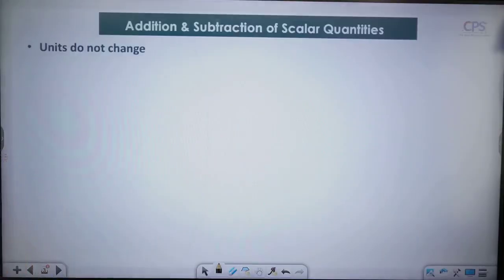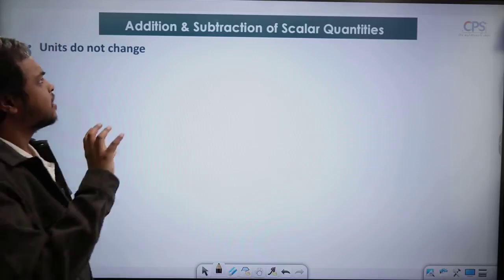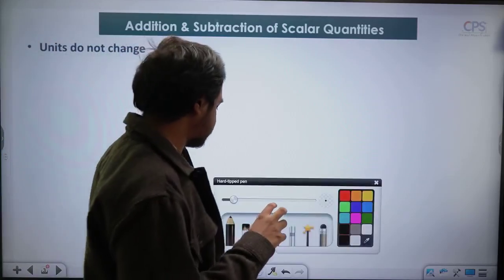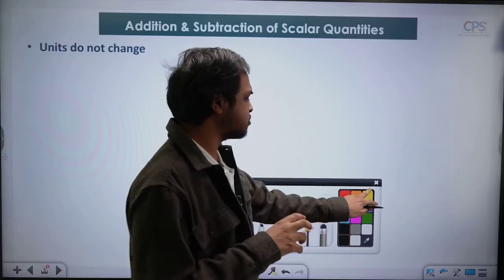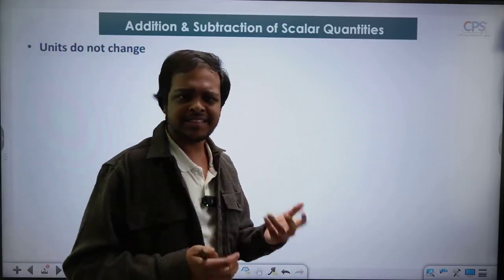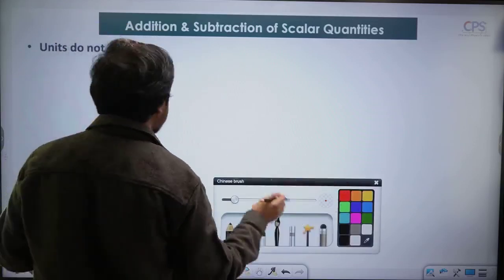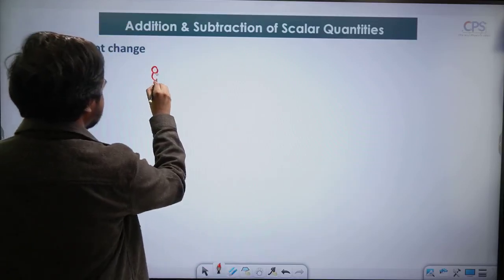First of all, let us remind ourselves about the addition and subtraction of scalar quantities. Those are very easy. You have been doing them for years. Let's say my mass or your mass, anything that's a scalar quantity.